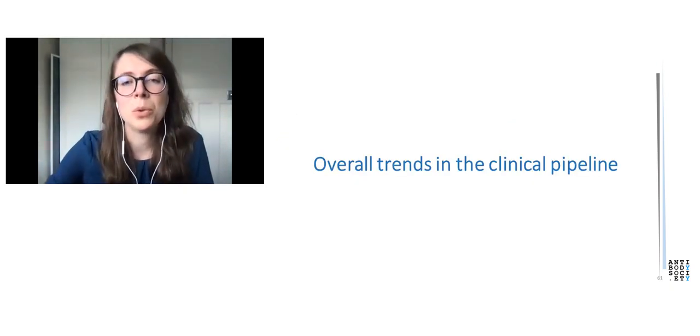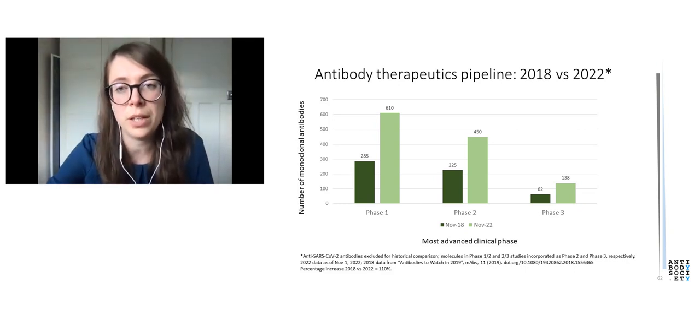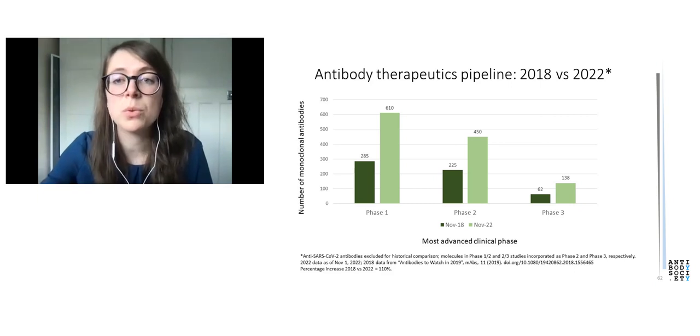And now I will conclude with the overall trends in the clinical pipeline. With this slide, I'd like to show you the impressive increase in the numbers of antibodies in each phase of clinical development. Here we compare the number of antibodies as of November 2018, dark green, and those as of November 2022, light green.